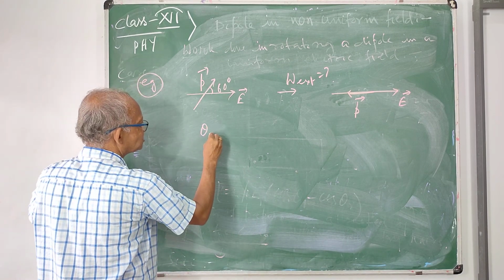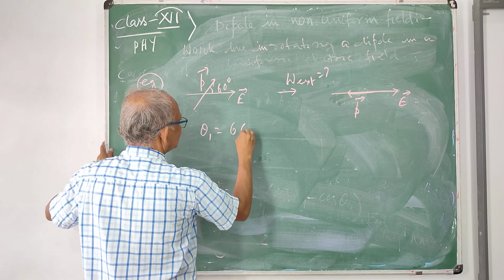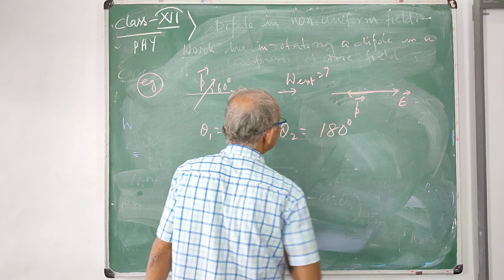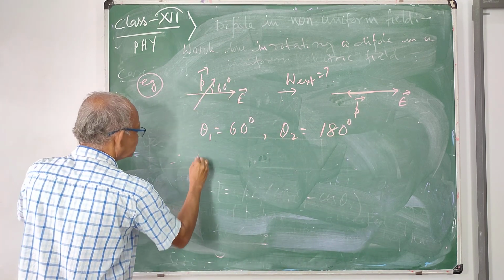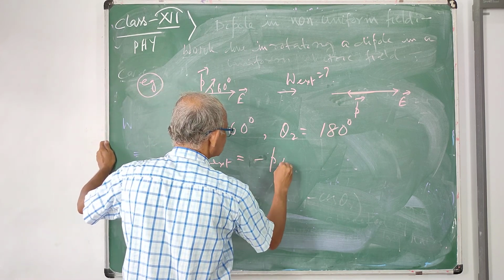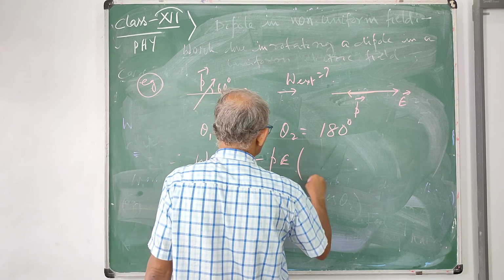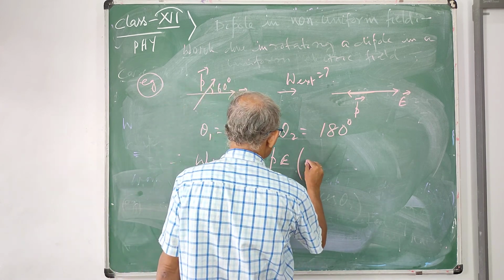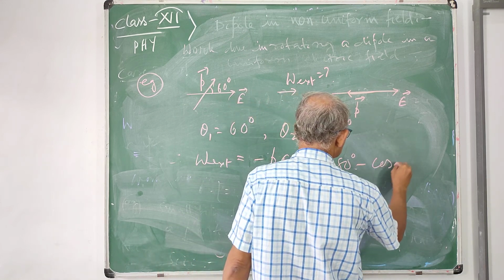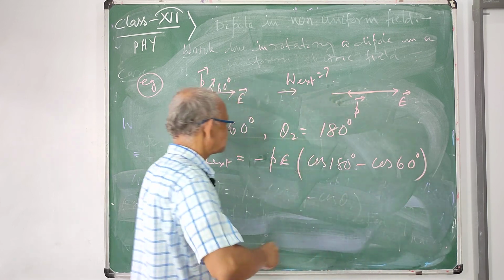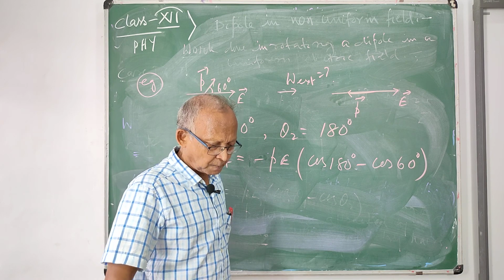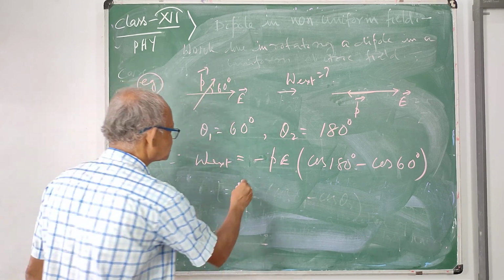Here theta 1 is 60 degrees, theta 2 is 180 degrees, and therefore W external equals minus P E, cos theta 2, cos 180 degrees, minus cos theta 1, cos 60 degrees. Check the formula: minus P E cos theta 2 minus cos theta 1.